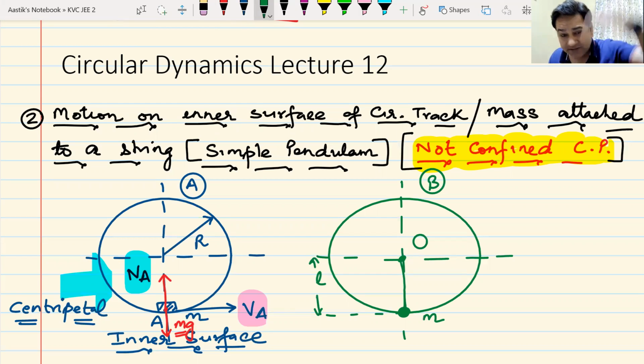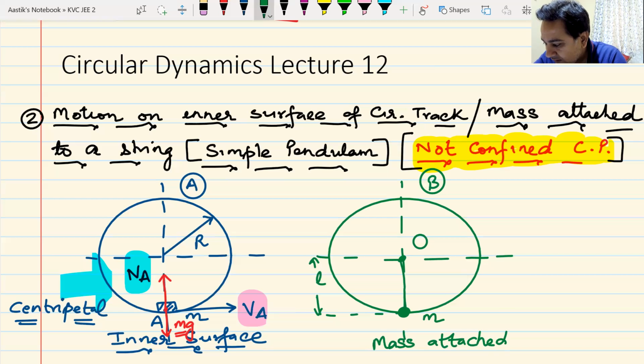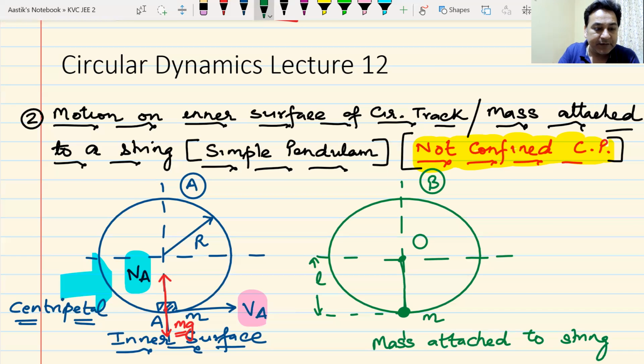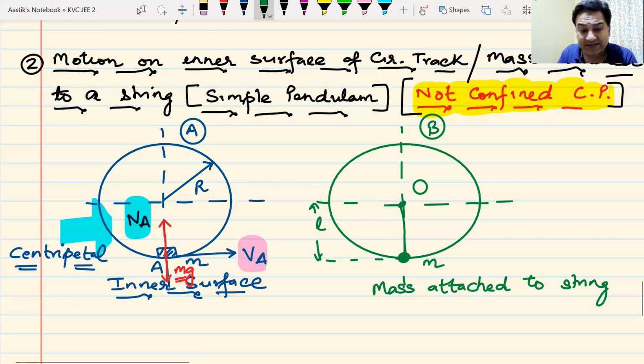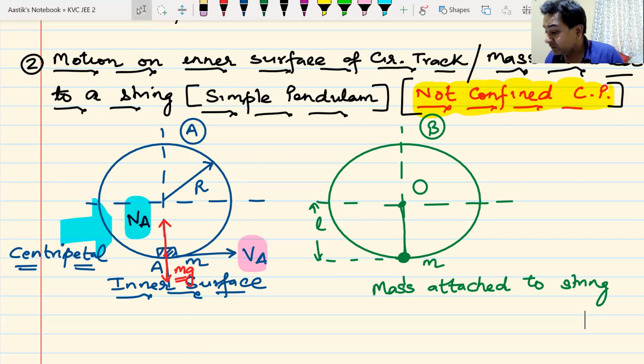Now this case B becomes a mass attached to a string. I hope that it is very clear and there is no explanation required over here. Yes or no, beta? It is pretty clear from the diagram that this is a mass attached to a string. Now again, it is at the lowest point.